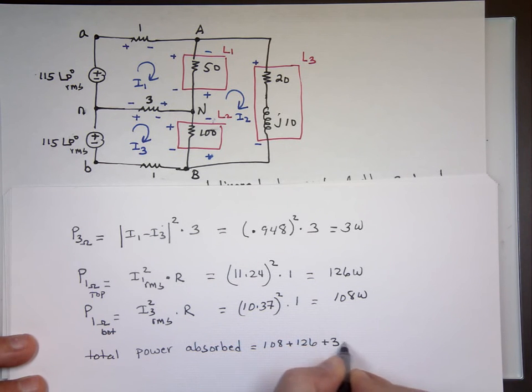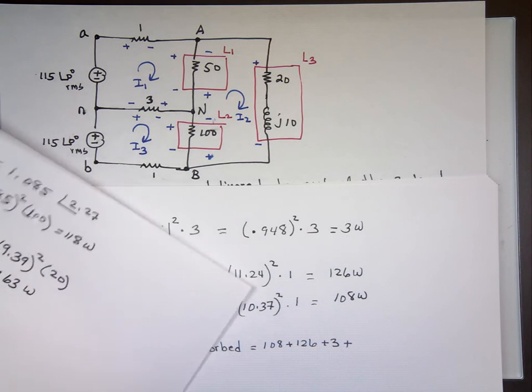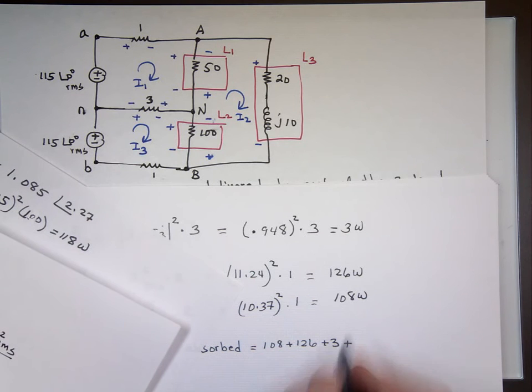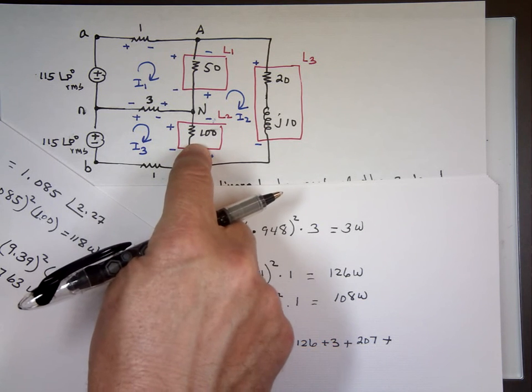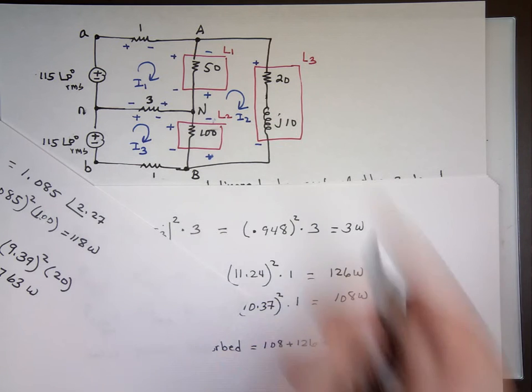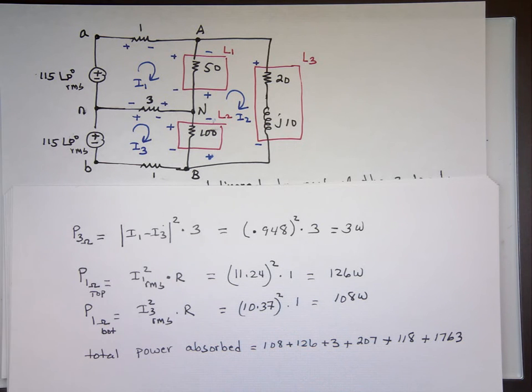From the previous example, we have the 207 for the 50 ohm resistor. We have 118 for this one, the 100 ohm. And we have this load, 1,763. So let's see, that's the total.